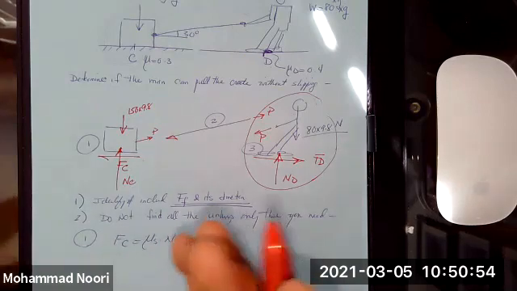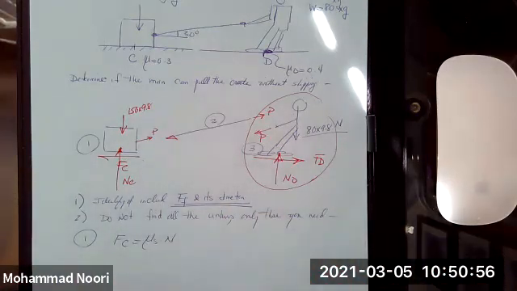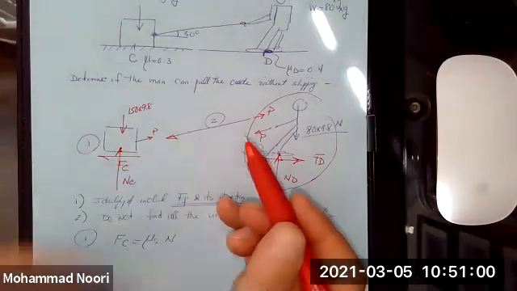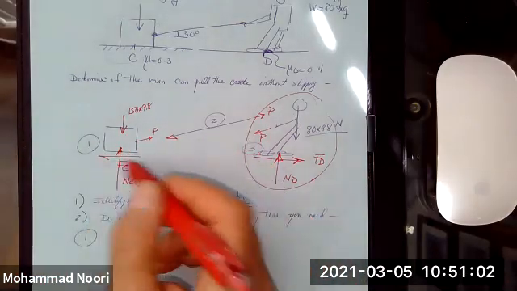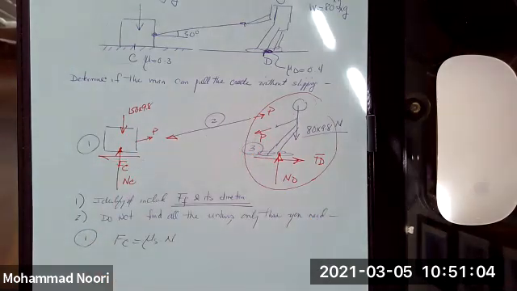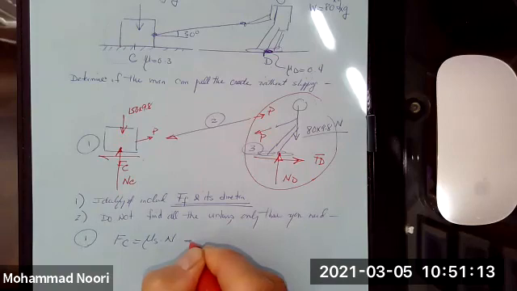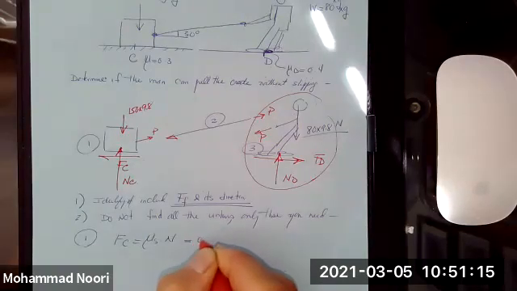Since we don't want anything to move, yet we want the maximum friction force that develops before it starts to move, that's the value of the friction force. So Fc is 0.3 times Nc.